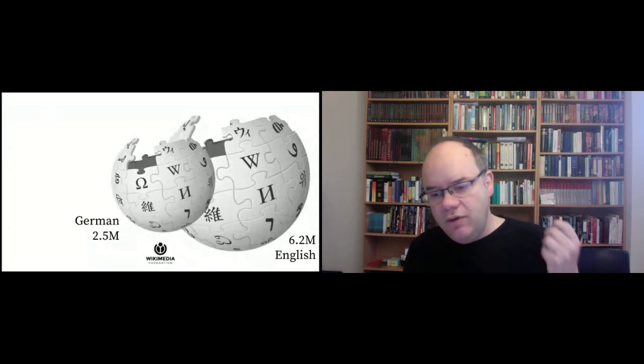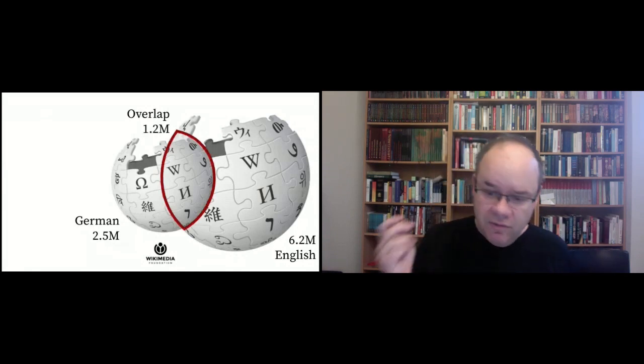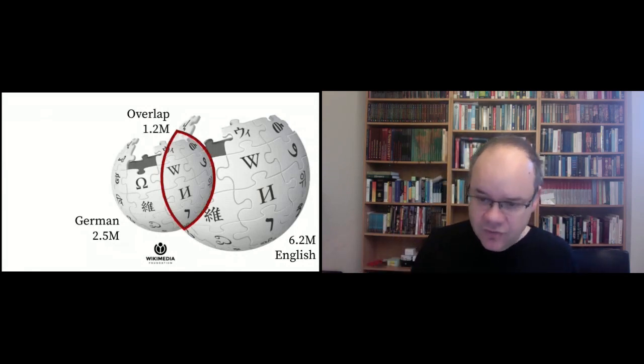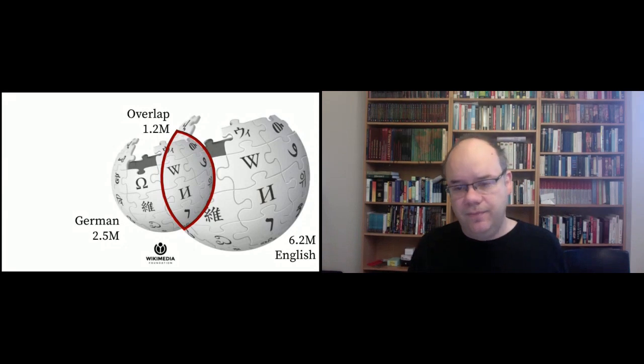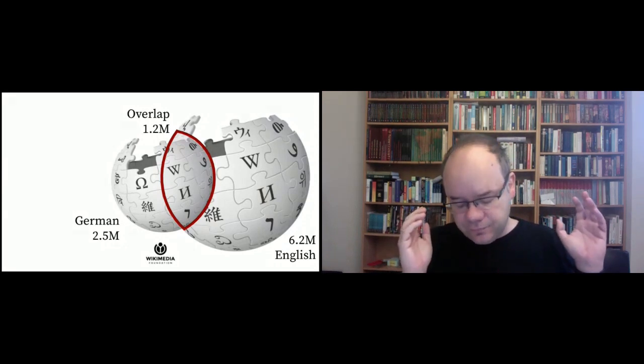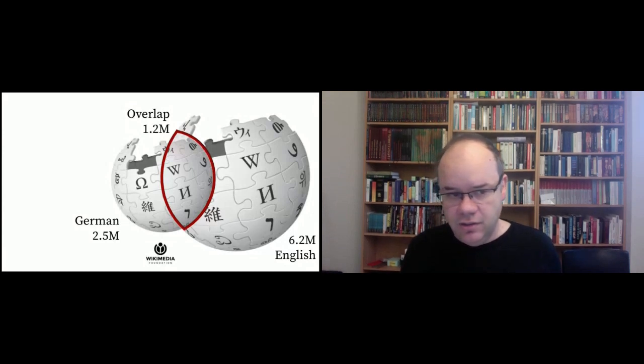More than half of the articles in the German Wikipedia don't have a representation in the English Wikipedia, even though it's more than double the size. There's a lot of knowledge in the German Wikipedia which is not exposed to English readers.